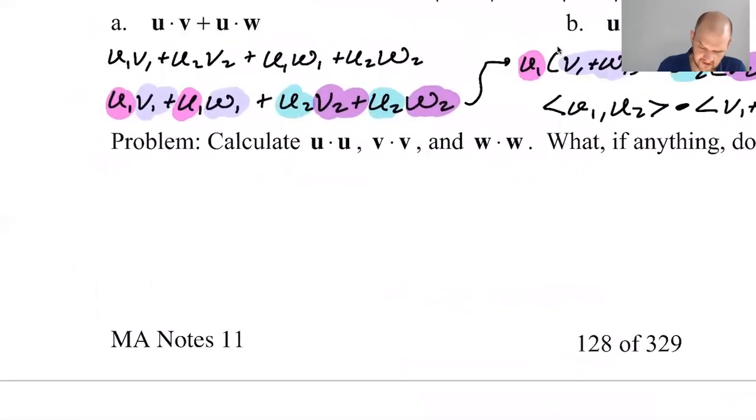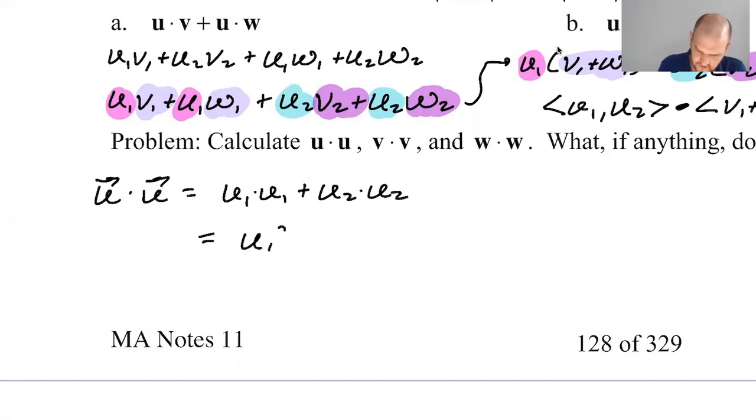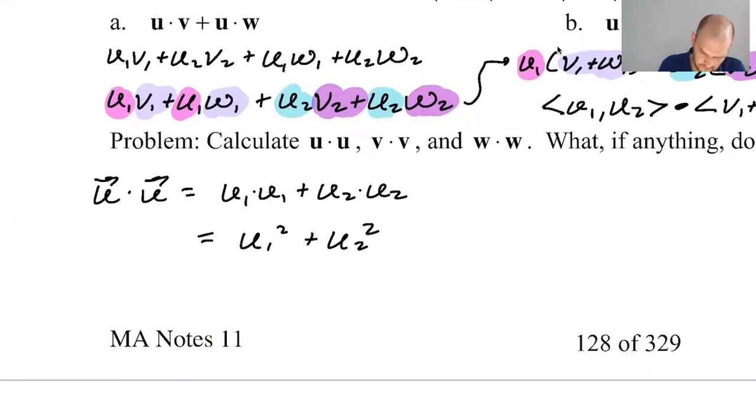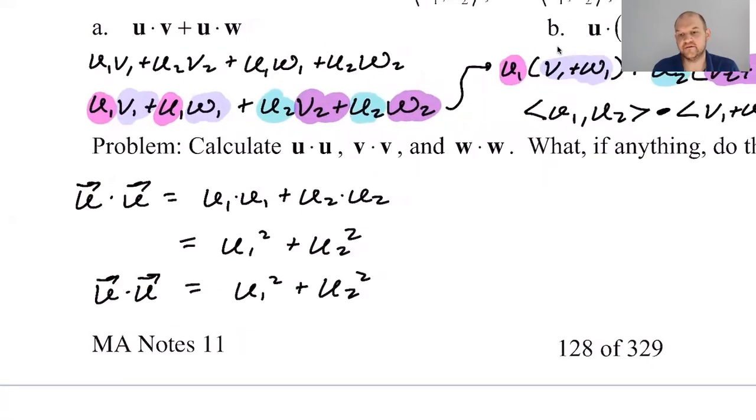All right, let's try these. If I do u dot u, there's no reason to do all of these. u dot u is going to be u1 times u1 plus u2 times u2. Okay, so that's u1 squared plus u2 squared. Now, here's the thing.